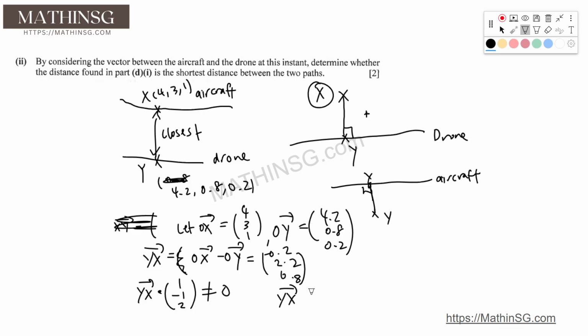You also do YX dot the direction vector of the drone, which is (1.5, 1, -1), and you also realize that it is not 0. So we can conclude that the distance found in part D is not the shortest distance between the two paths, because they are not perpendicular to each other.